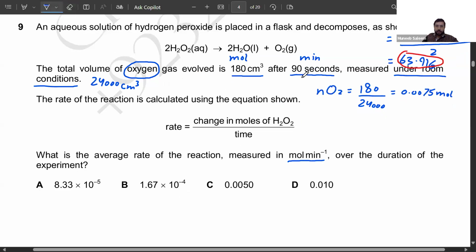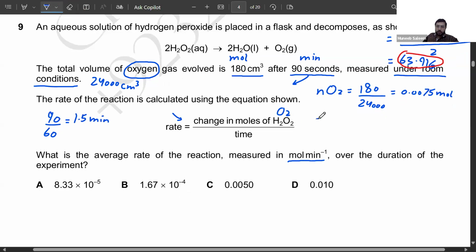Now the second part is that we have to convert seconds into minutes. So it's simple. 90 must be divided by 60 to convert into the minutes, so it should be 1.5 minute. Okay, now we apply this formula, but we are applying this formula for O2, not for H2.